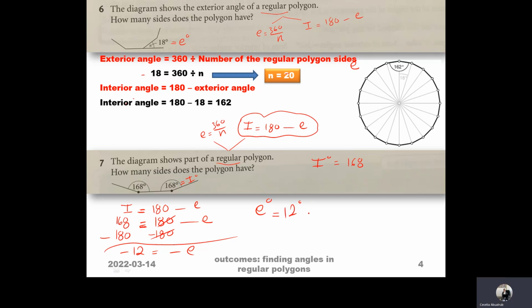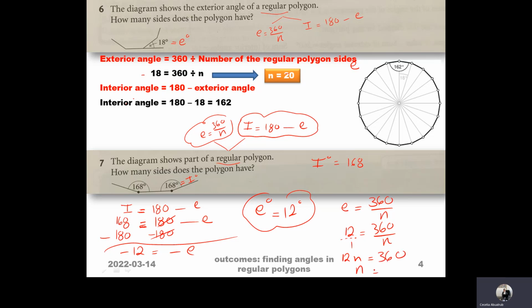Okay, so since I found the exterior angle, I'm going to go to the second formula. E is equal to 360 over n. Let's replace E with 12 equals 360 over n. This means 12 over 1, cross multiply, n times 12 is 12n equals 1 times 360 is 360.